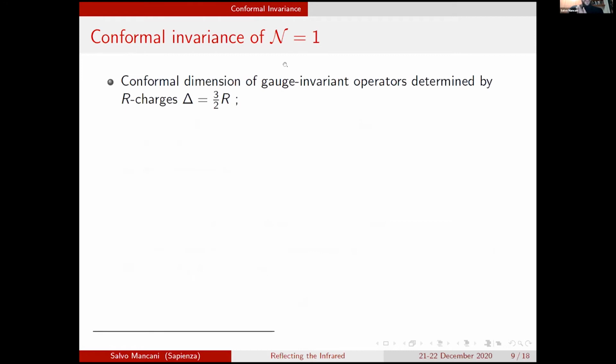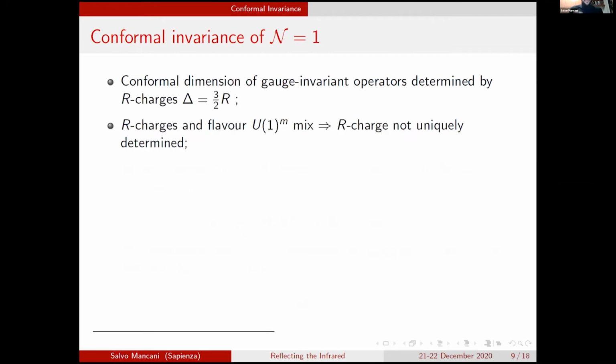Now, we are dealing with N=1 theories. So we wonder whether, after the orientifold projection, these theories may have a conformal point. Now, we know that the conformal dimension is related to the R charges. And also we know that whenever there are abelian flavor symmetries, they mix together with the R charges themselves, so they cannot be uniquely determined.